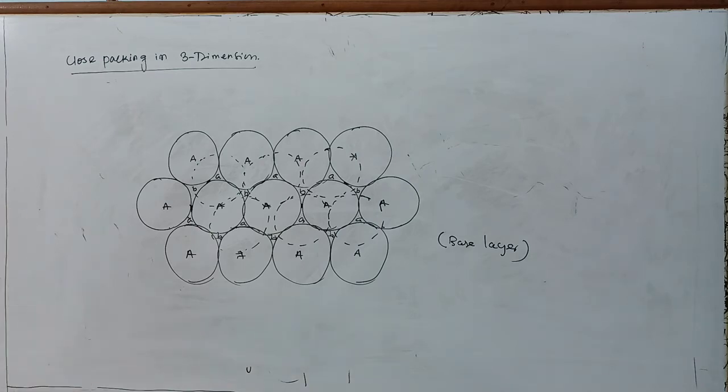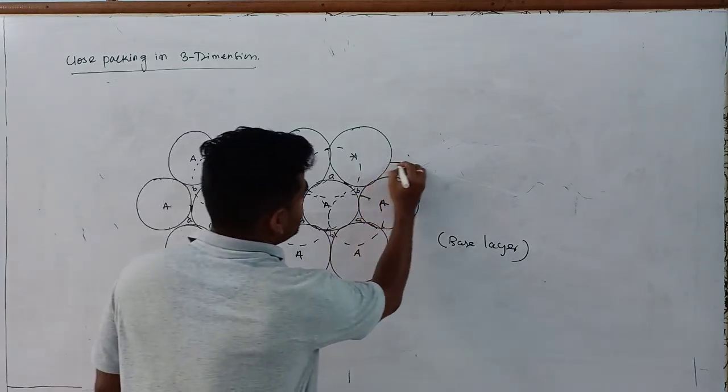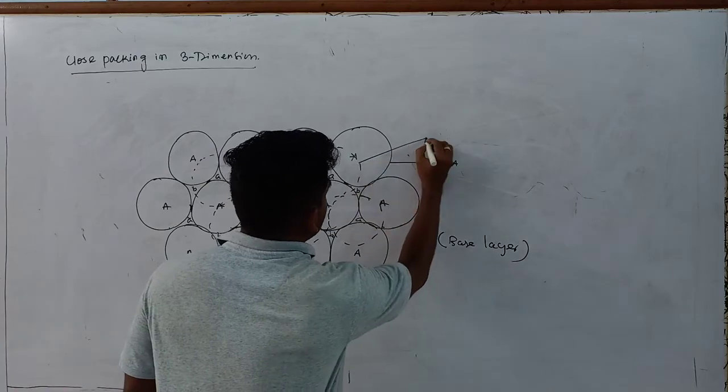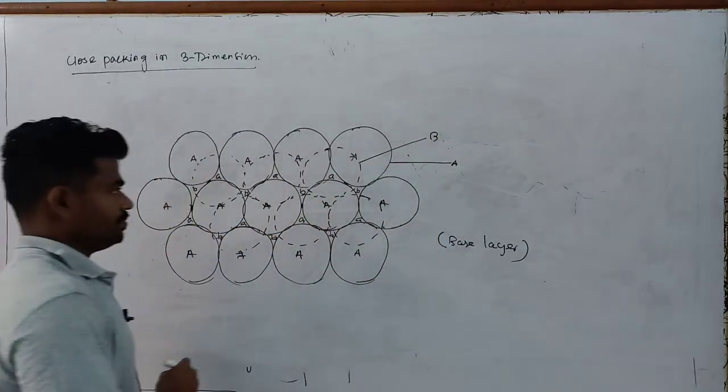So now this dotted layer, if this is layer A, this dotted layer will be B.